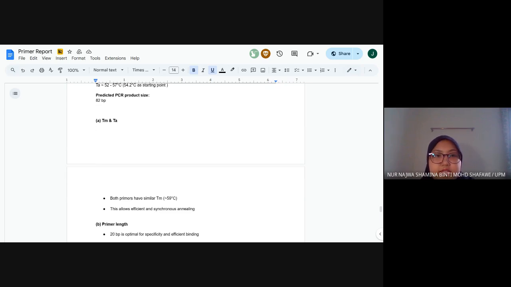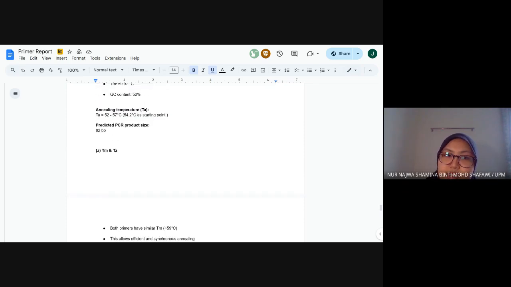We have identified an operational annealing temperature range of 52 to 57 degrees Celsius with a recommended starting point of 54.2 degrees Celsius to maximize yield and specificity. So what this means is we should start the annealing temperature at 54.2 degrees Celsius, but the range should be 52 until 57 degrees Celsius.